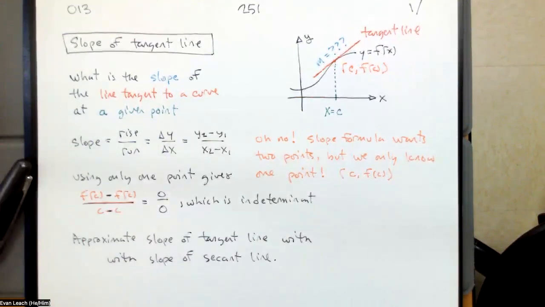That's our strategy. We're going to approximate the slope of the tangent line with the slope of the secant line.